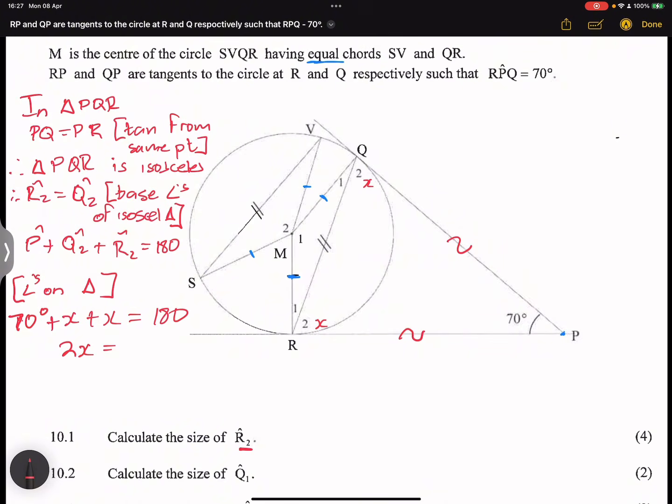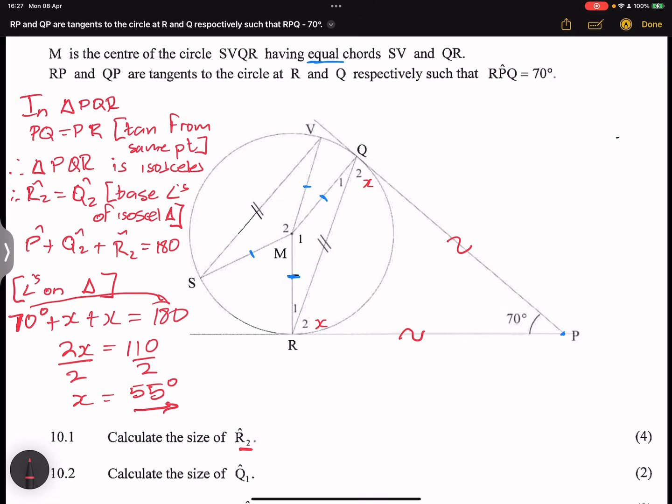We're going to subtract that 70 when we take it to the other side. So that gives us 110. Okay, and if we divide both sides by 2, X will be equal to 55 degrees. Okay, so that is how this cookie crumbles.